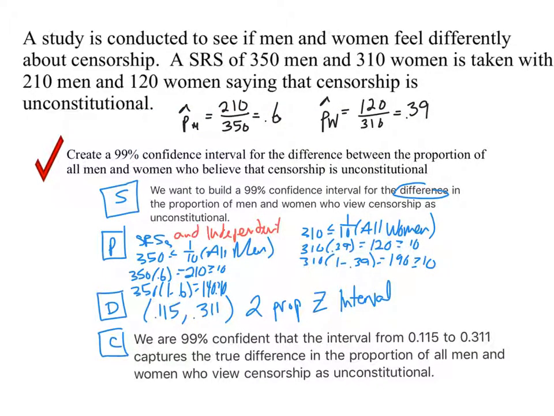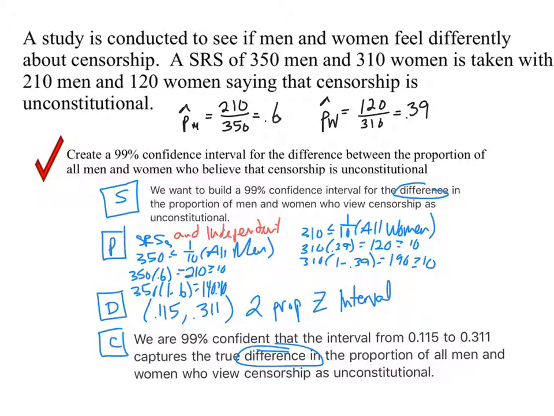We are 99% confident that the interval from 0.115 to 0.311 captures the true difference in the proportion of all men and women who view censorship as unconstitutional. And again, the key word there is difference. Okay, it's not a proportion of men, it's not a proportion of women, it's that they are different than one another.